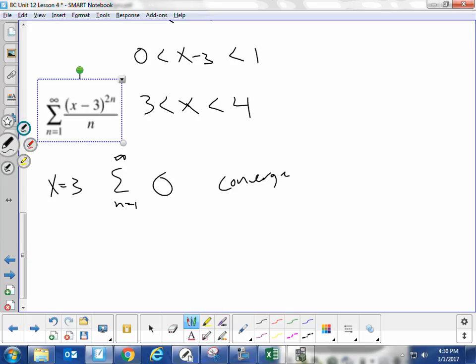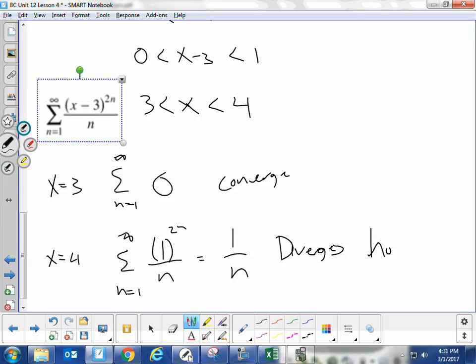Sum all your zeros up, you're good. Now if I try 4, I'd have 1 to the 2n over n. 1 to the 2n ends up just being 1, so it's 1 over n. We know this diverges because it's a harmonic series. So we would include 3, but not include 4. And this would be my interval of convergence.